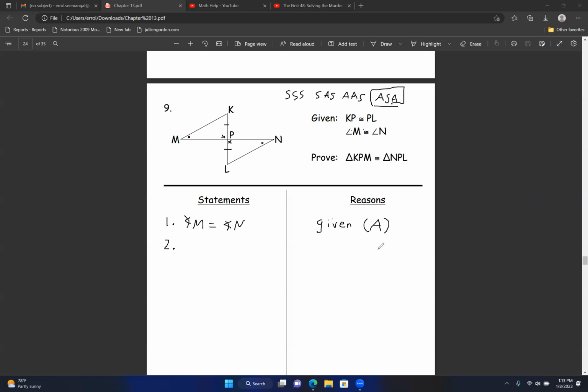There's the first A. This one is going to be side. What's this one? KP equals PL. Yep, exactly. That's also given. Now the third one is the other angle.